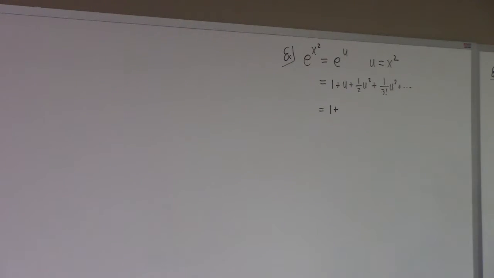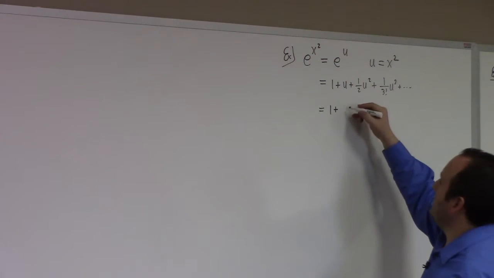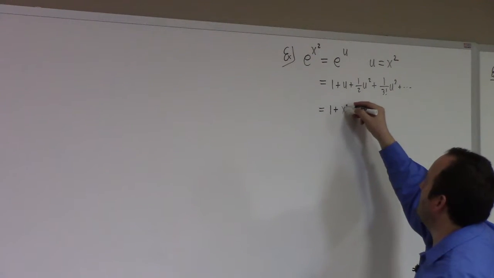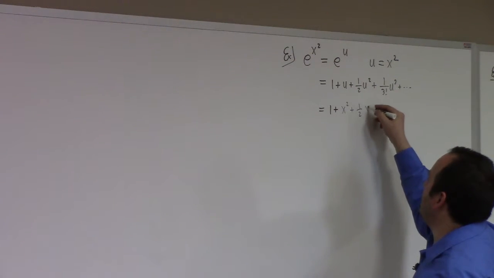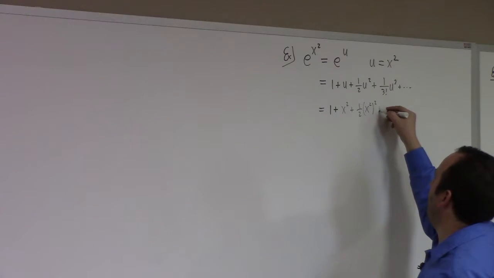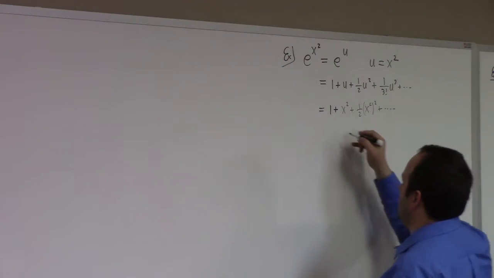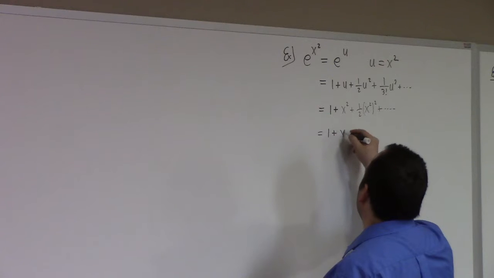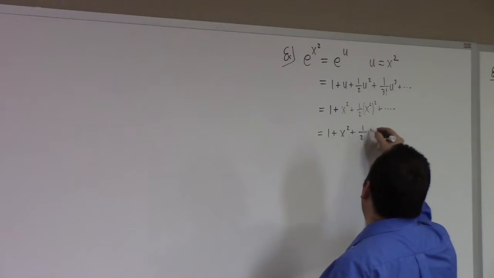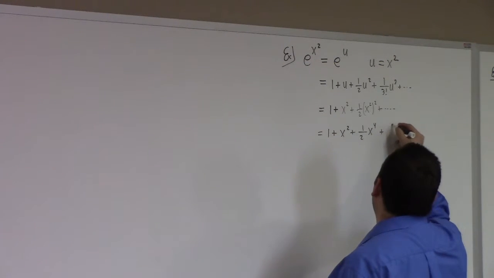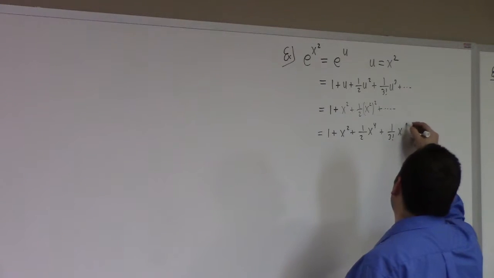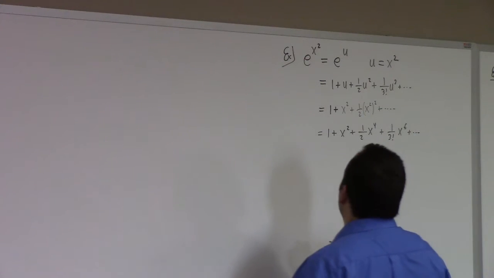Make a substitution. This is e to the, so 1 plus x squared plus 1/2 x squared squared, right? In other words, you've got 1 plus x squared plus 1/2 x to the 4th plus 1 over 3 factorial x to the 6th, and so forth.